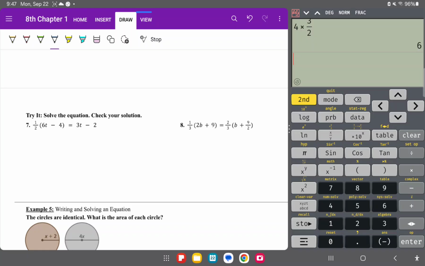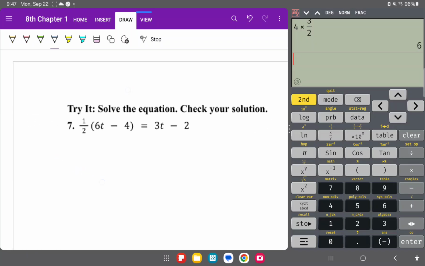So we're going to go right here, right? We have to do the parentheses first. So half of 6t is 3t, right there. And then half of -4 is -2. Bring down your equals, and then we have 3t minus 2.